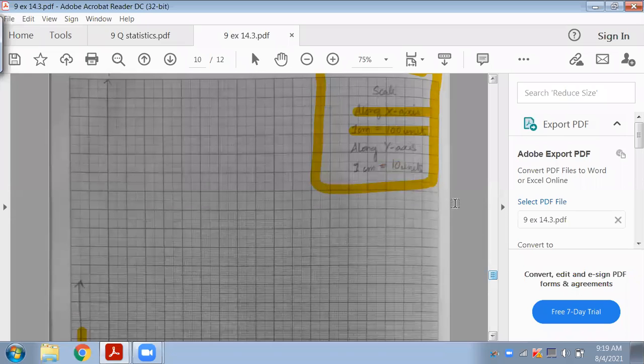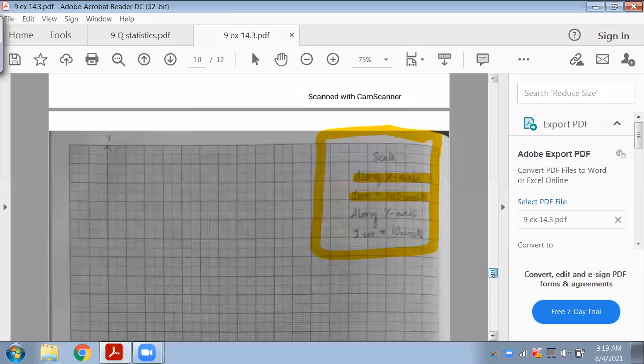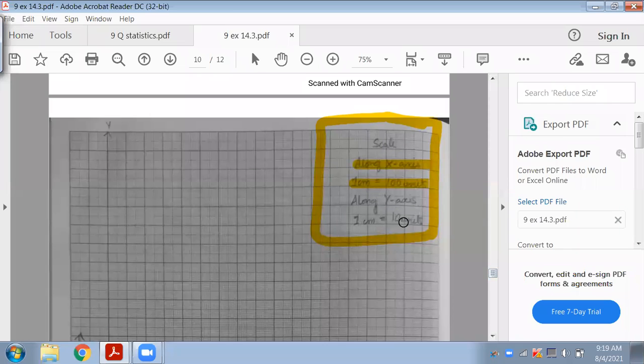Along the x-axis, we have taken 1 cm equal to 100 unit, and along the y-axis, we have taken 1 cm as 10 unit. So we're going to write that along y-axis 1 cm equal to 10 unit.